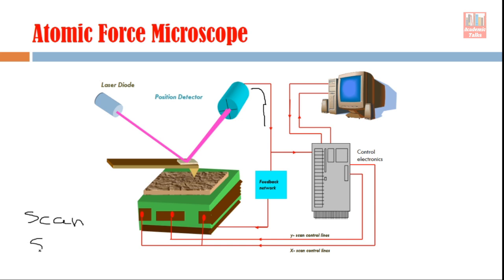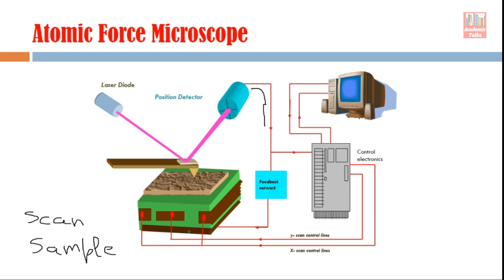This is sample scanning. So you can see here in this diagram that the X scan lines and Y scan lines are connected to the sample holder. You can see here the control electronics is sending some X scan lines and Y scan lines, right?